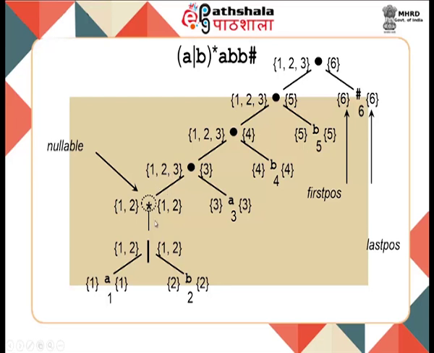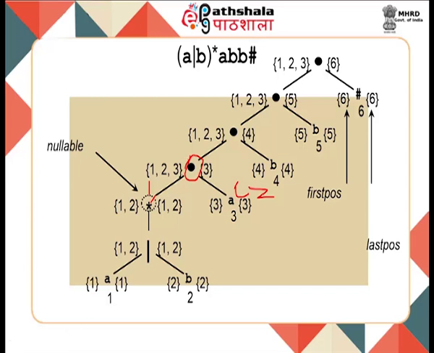Only the star node is nullable, there is no epsilon symbol, and therefore for the interior node here with the dot operator, this node is C1, this is C2, and this node is nullable by default because a star node is always nullable, and this node is not nullable. So therefore this node is not nullable because it is nullable of C1 and nullable of C2. So this node is not nullable. Since this node is not nullable, none of the interior nodes are going to be nullable. Okay. So therefore we need not worry about nullability.